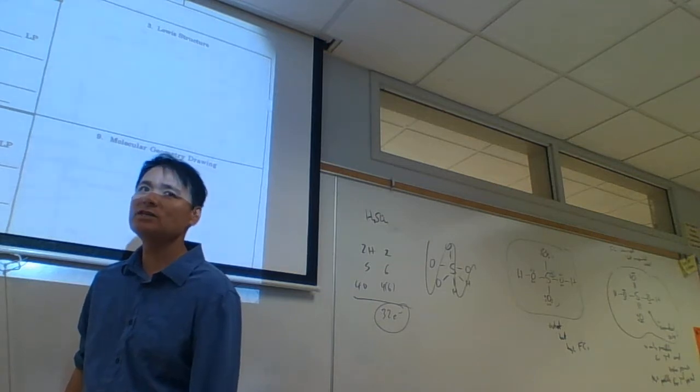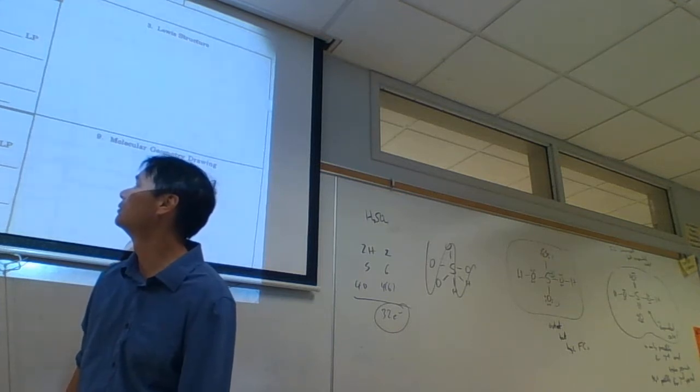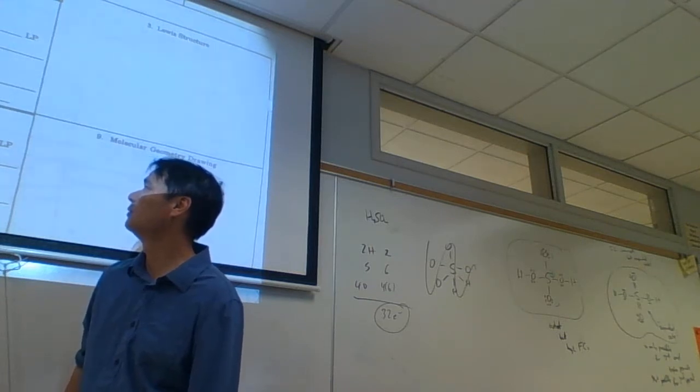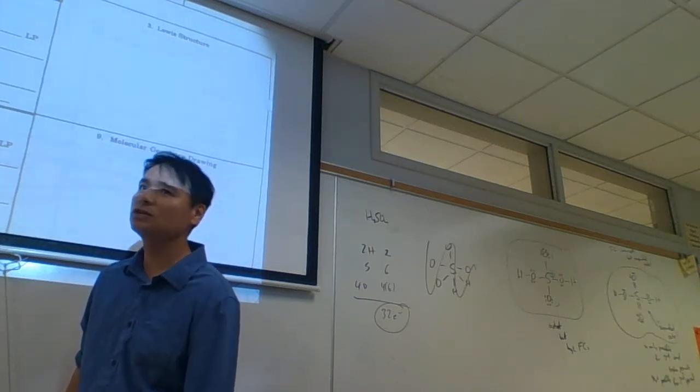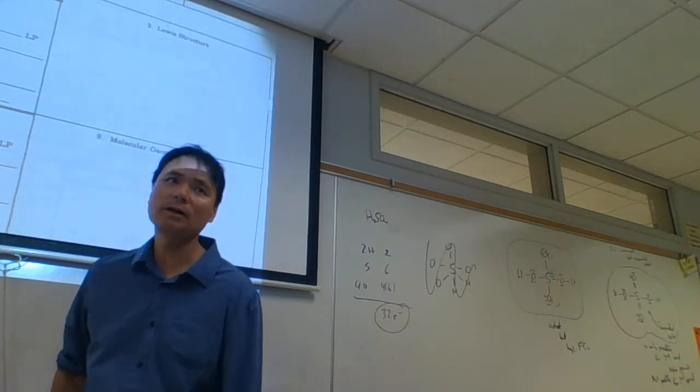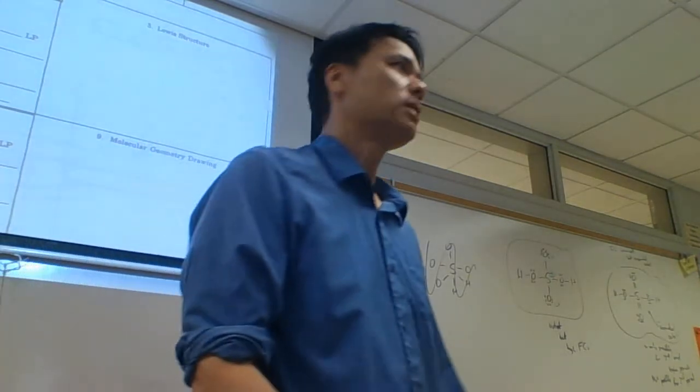If we have 4 sets, what's the geometry? Tetrahedral. What's the ideal bond angle for tetrahedral? 109.5. What's the molecular geometry, the geometry of the bonded atoms? Tetrahedral.